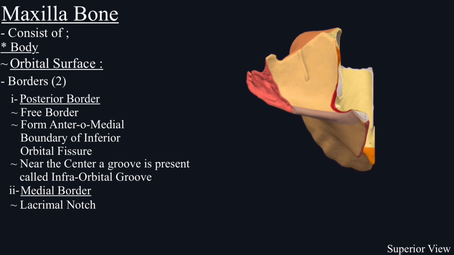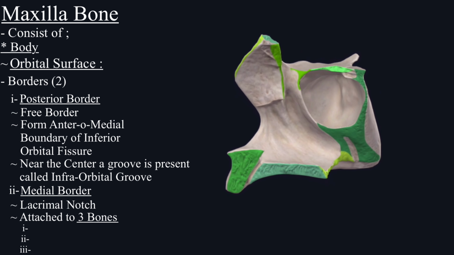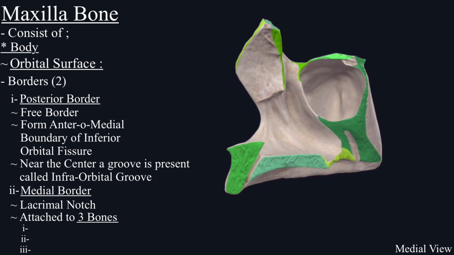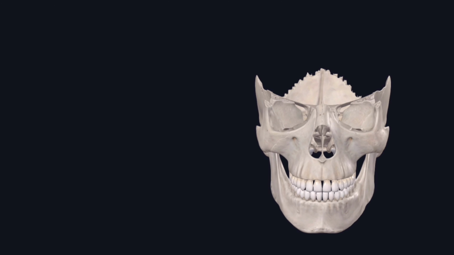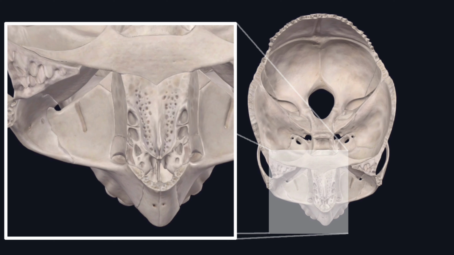The medial border is attached to three bones, that is lacrimal bone, ethmoid bone and palatine bone. Here again in this skull model, you can appreciate that posterior to lacrimal notch, the medial border of orbital surface is attached to lacrimal bone.